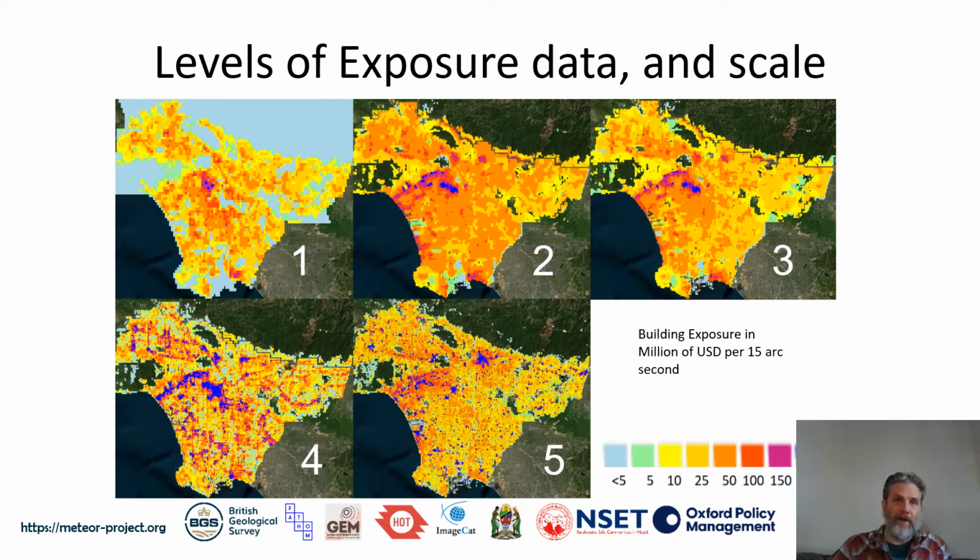So there's many different ways of putting together building exposure data. And at the end of the day, you receive this building exposure data, and in many cases, you're not quite sure what you have, or how it was developed, or what the process was, or how dependable it is. And people have to use that to make decisions, often without understanding the limitations of the data. So as part of the Meteor project, one of the things that we tried to reinforce is appropriate use and understanding the scale of the data.